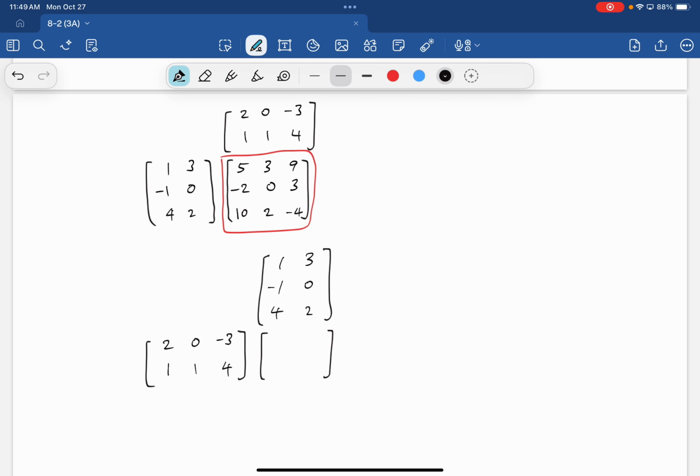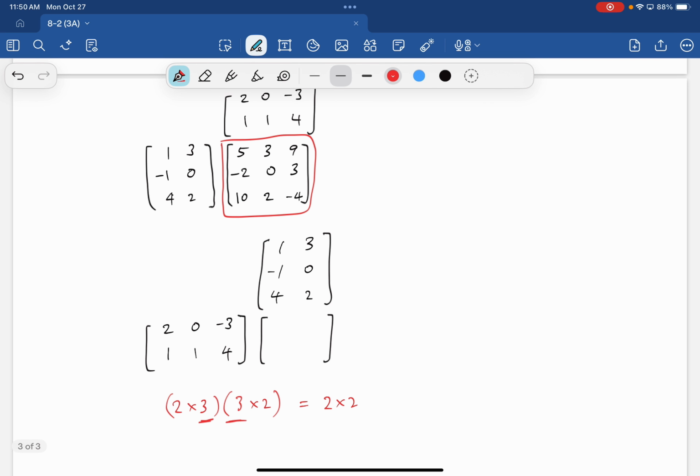Because now the product's a 2 by 2 matrix. Why is that? That's because I'm multiplying a 2 by 3 matrix now by a 3 by 2 matrix. So this product is still legal because these match, but my result is going to be a 2 by 2 matrix and not a 3 by 2 matrix, not a 3 by 3 matrix.